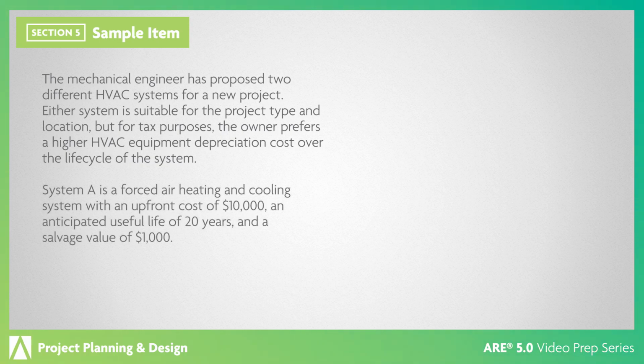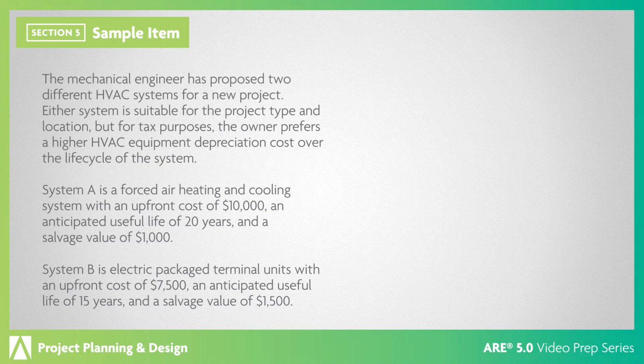System A is a forced air heating and cooling system with an upfront cost of $10,000, an anticipated useful life of 20 years, and a salvage value of $1,000. System B is electric package terminal units with an upfront cost of $7,500, an anticipated useful life of 15 years, and a salvage value of $1,500.